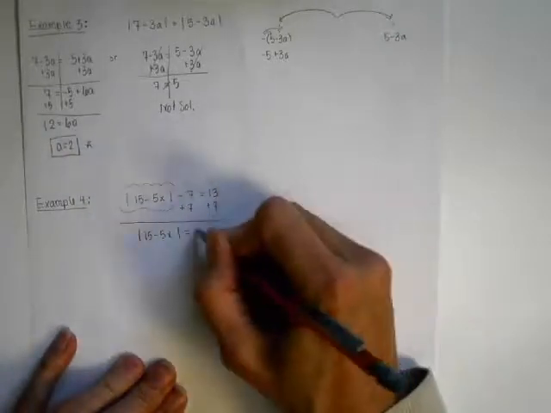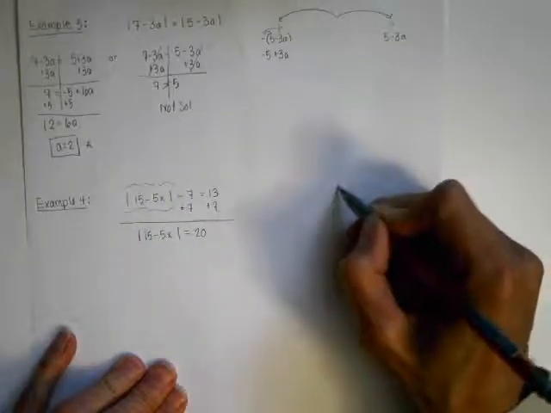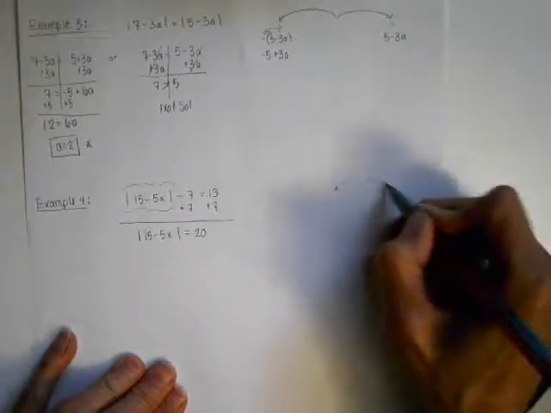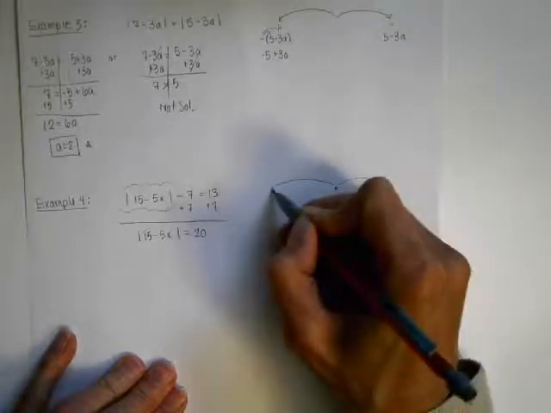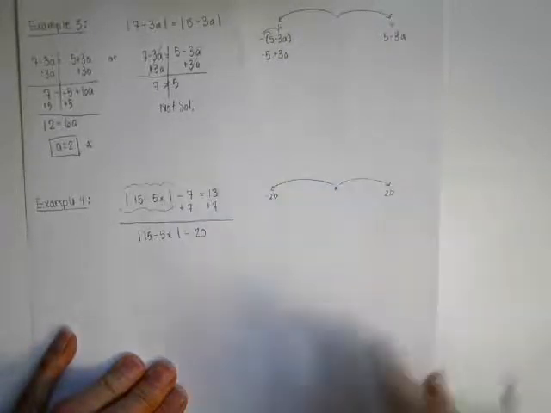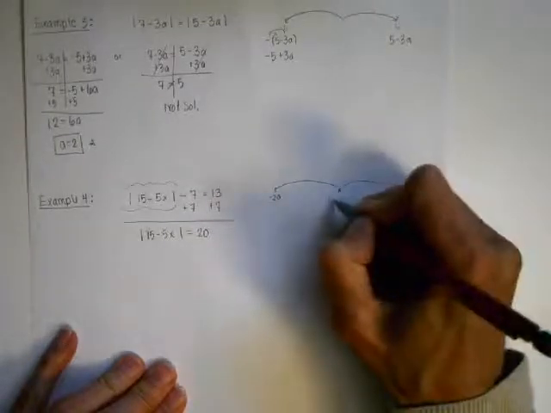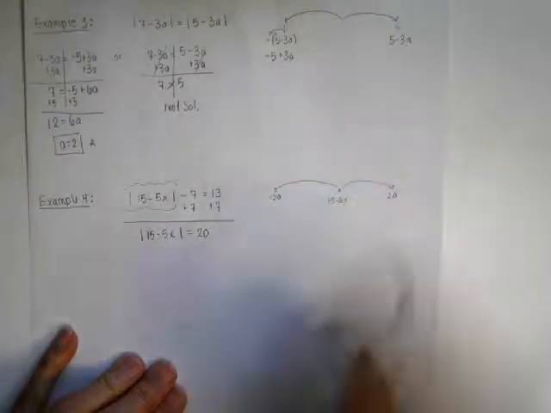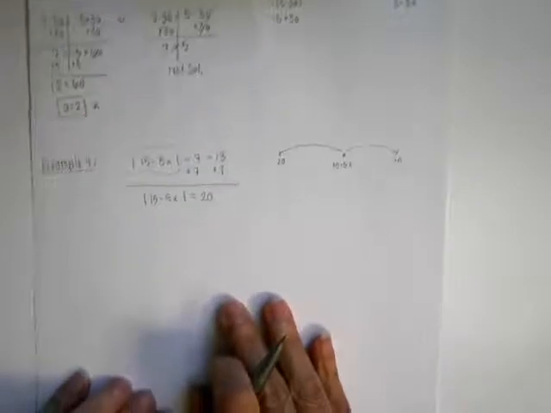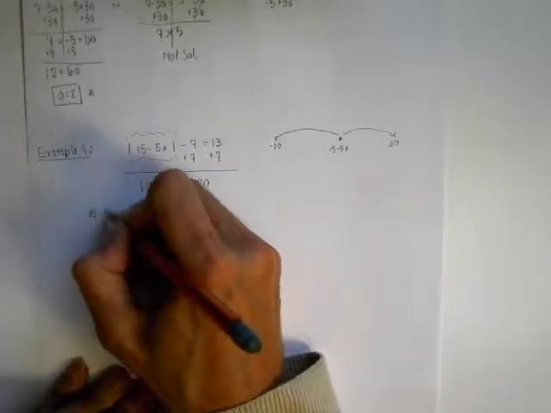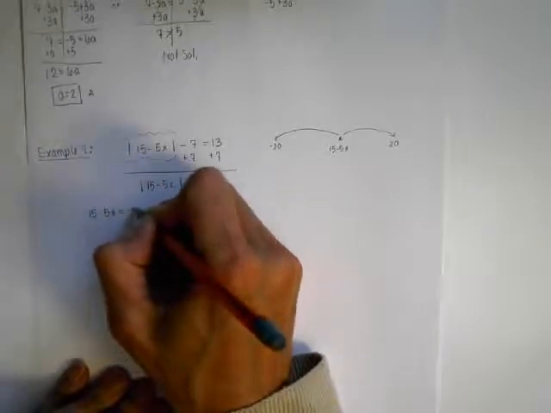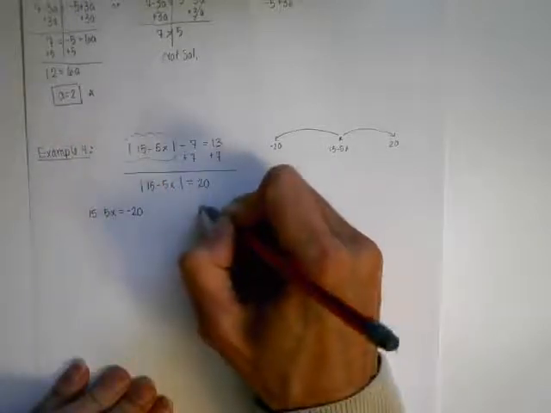So here's our 0 marker. We're going to go 20 in this direction, and we're going to go 20 in this direction. And our marker is 15 minus 5x. So the two equations that we're going to set up are going to be 15 minus 5x is equal to negative 20, and 15 minus 5x is equal to positive 20.